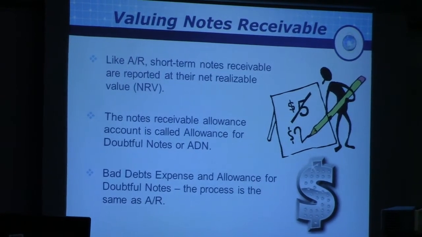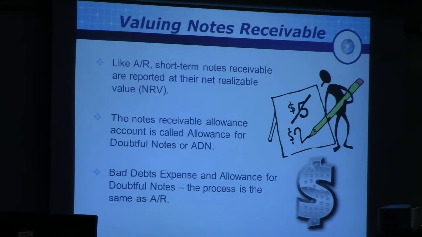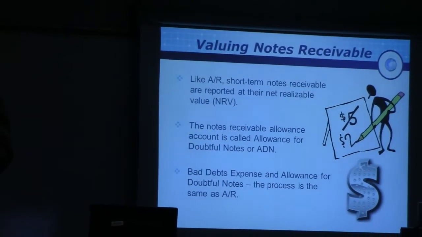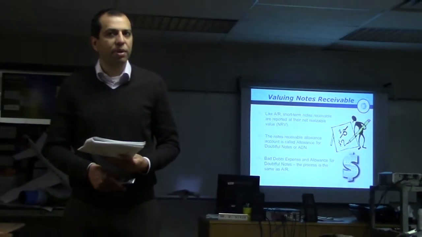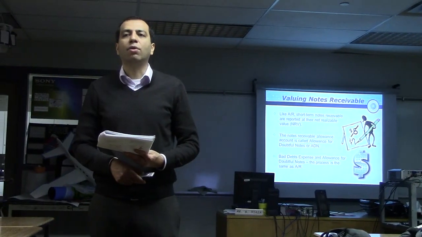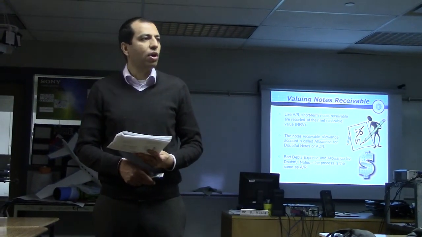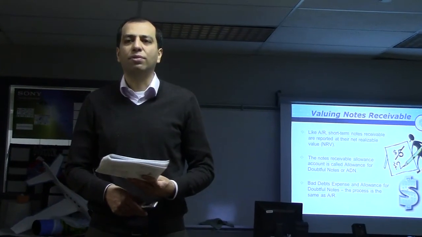They both would have a net realizable value attached to it, because there may be some allowance for doubtful accounts for accounts receivables, and there can also be allowance for doubtful accounts for notes receivable. So for short, I would call that ADA for accounts receivables and ADN for notes receivables.